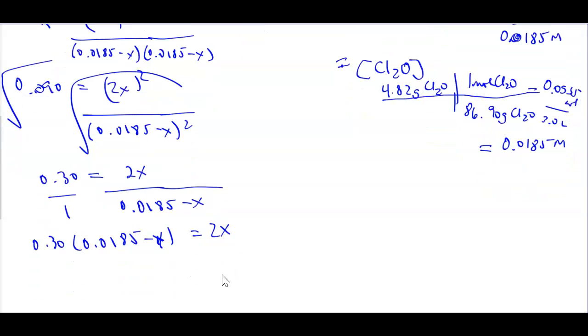So I'm going to take 0.3 times 0.0185, and I get 0.0056 minus 0.30x equals 2x. Combine like terms by adding 0.30x to both sides.